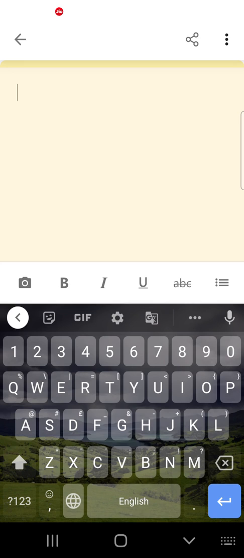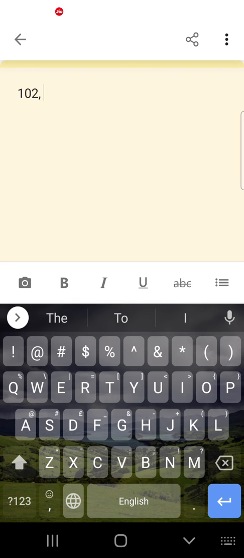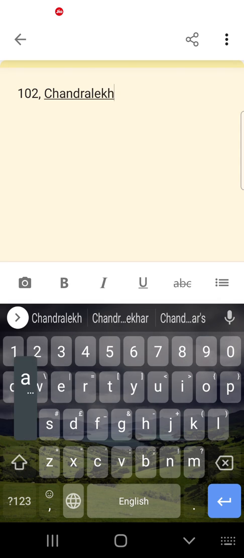I am simply using my notepad to write. Suppose address 102. Change.